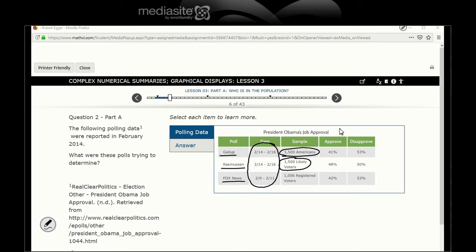They're likely voters. Fox News, slightly smaller sample, about two-thirds the size. Again, went to the voting rolls and looked at people who are registered. Just because you're registered doesn't mean you go out and vote, though. So 2 different sample sizes, 3 different sampling populations.